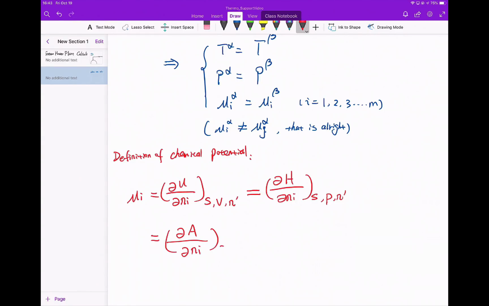There I need to satisfy T and volume, m prime will be fixed. dG over dmi, this is T, P, m prime.